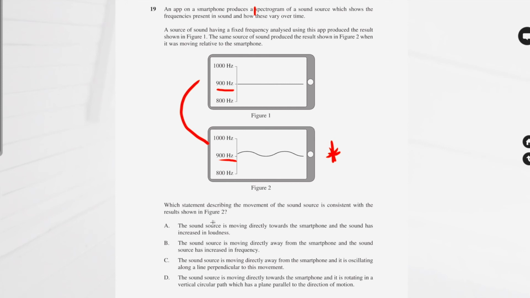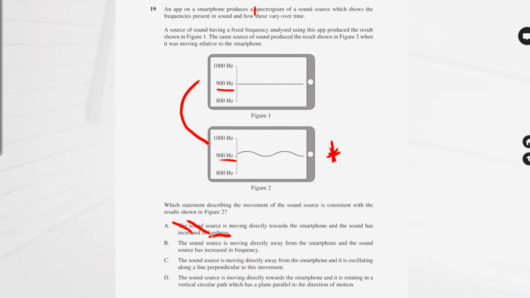So let's have a look here. The sound source is moving directly towards the smartphone and the sound has increased in loudness. Now, because we are talking about the Doppler effect, this idea of loudness is talking about the amplitude. Some students might get a bit confused there because we're usually talking about the amplitude of the sound intensity. In this case, we're actually talking about frequency.